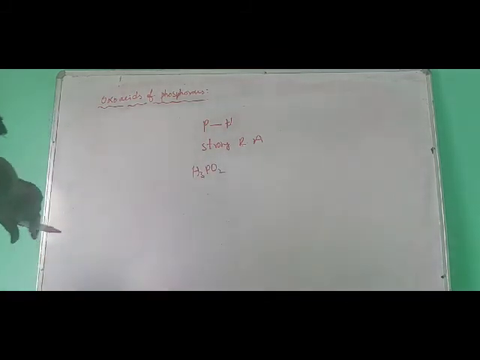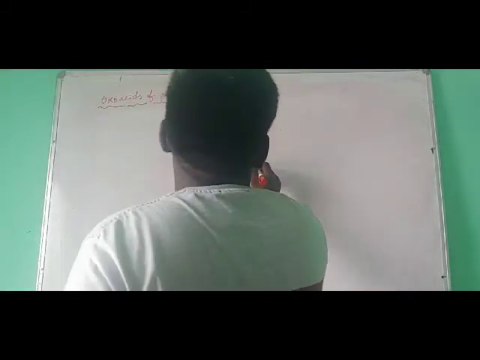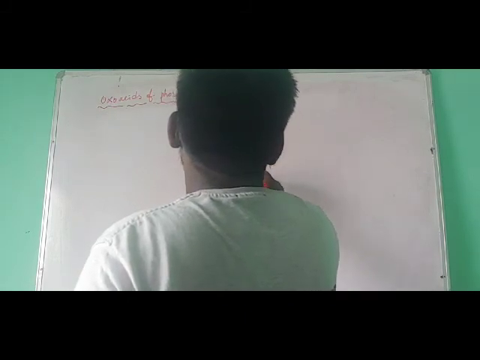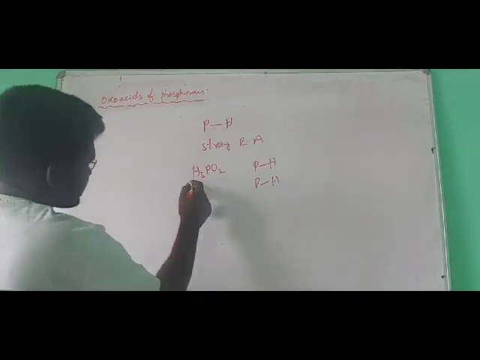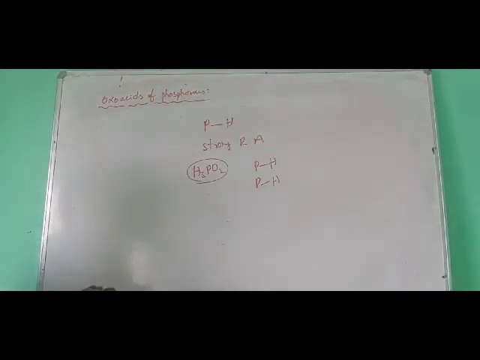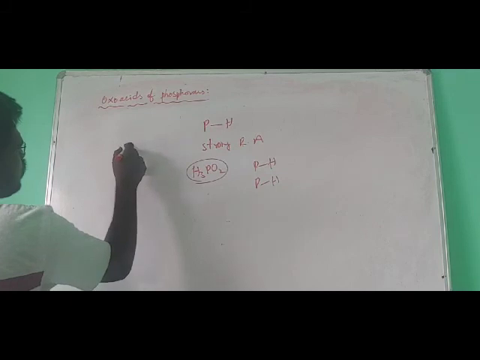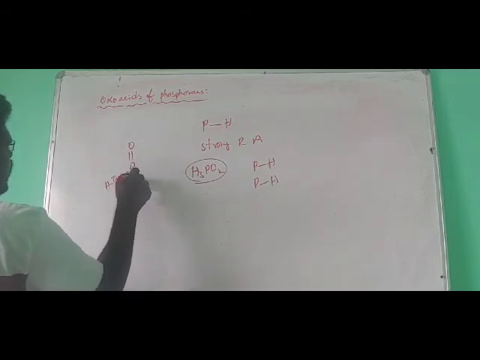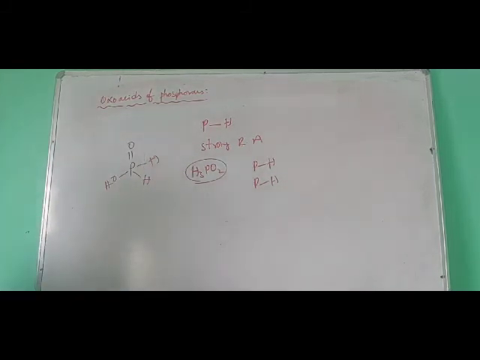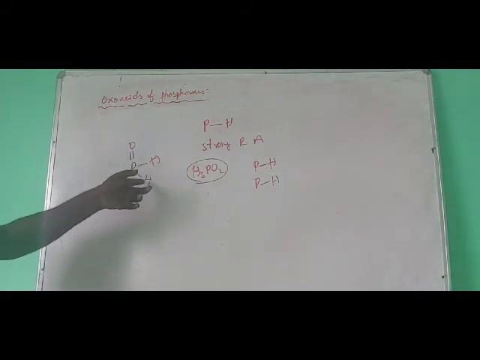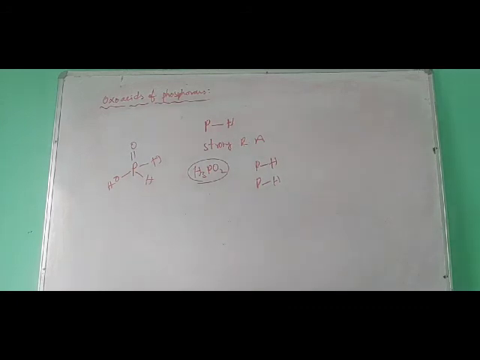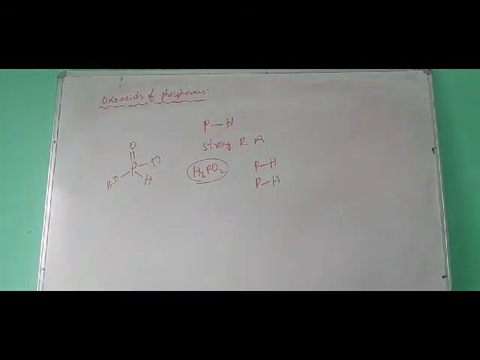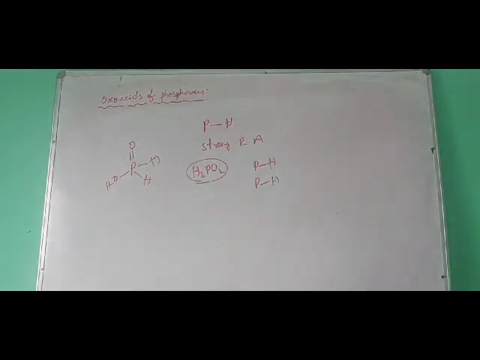Now in this molecule, guys, we have 2 PH bonds present. So this one acts as a strong reducing agent. You know the structure of this molecule: P double bond O, OH, H and H. Now you see guys, how many PH bonds are there? 2 PH bonds are there. So in a given acid, if there are PH bonds, that acid acts as a strong reducing agent. One example let us see.